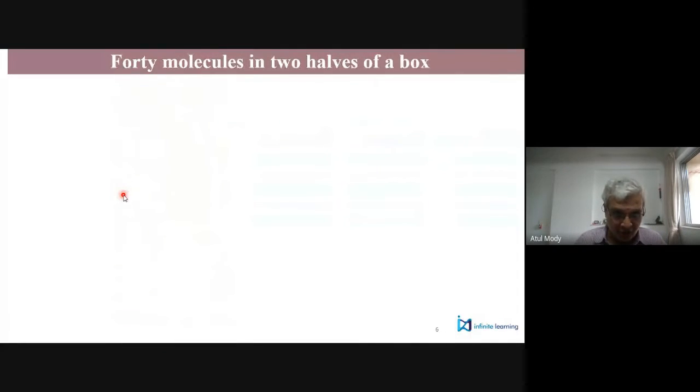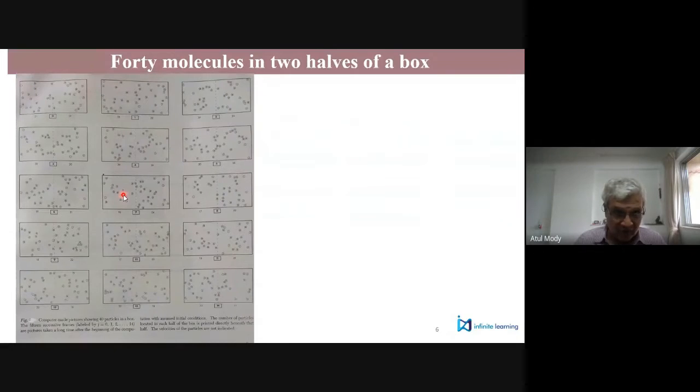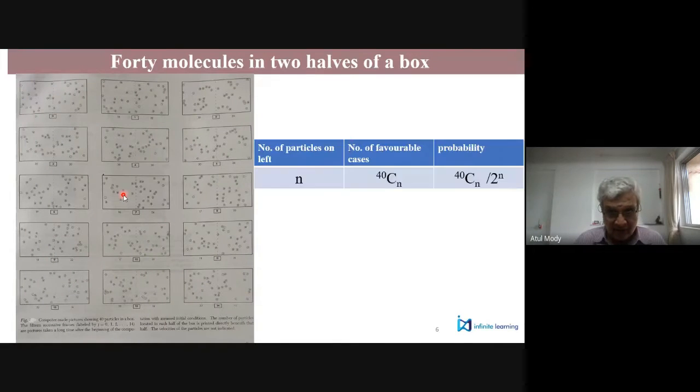Instead, if I had 40 molecules, and I look at the number of possibilities which favor the number of molecules on the left and the number of molecules on the right, then n would vary from 0 to 40. I'm not showing you the entire table. The number of favorable cases would be 40Cn, and the probability of having n molecules on the left side will be 40Cn divided by 2 raised to 40.